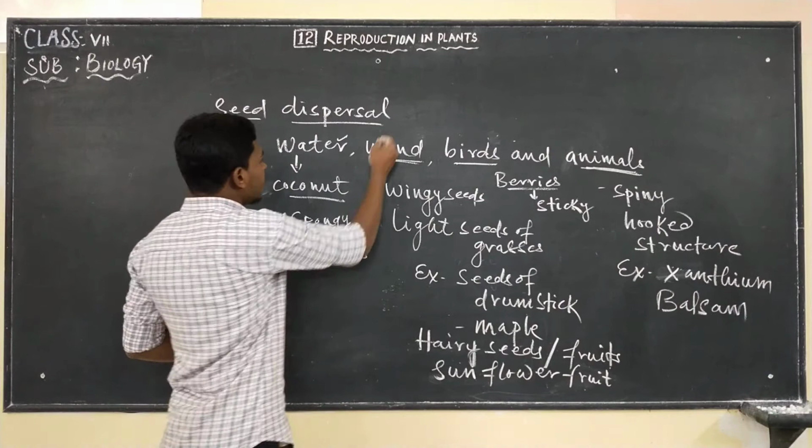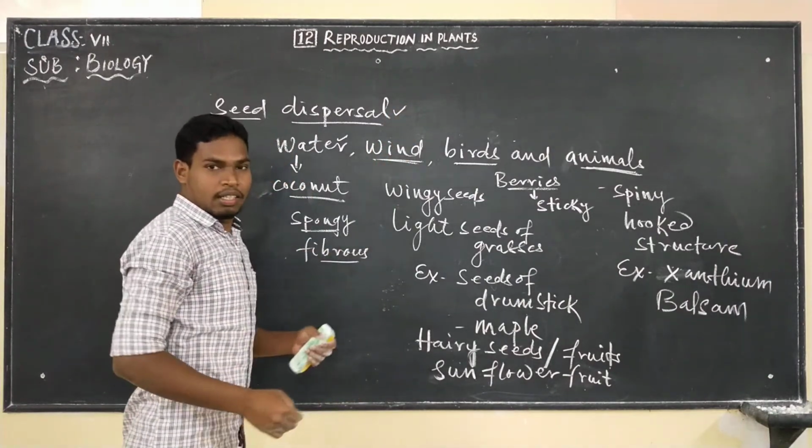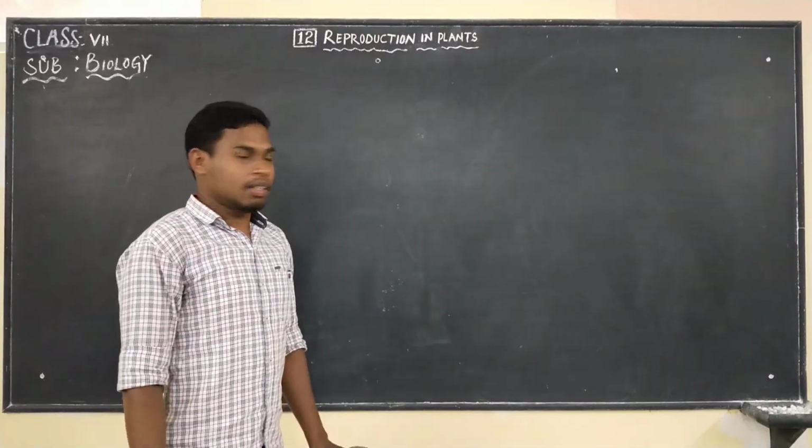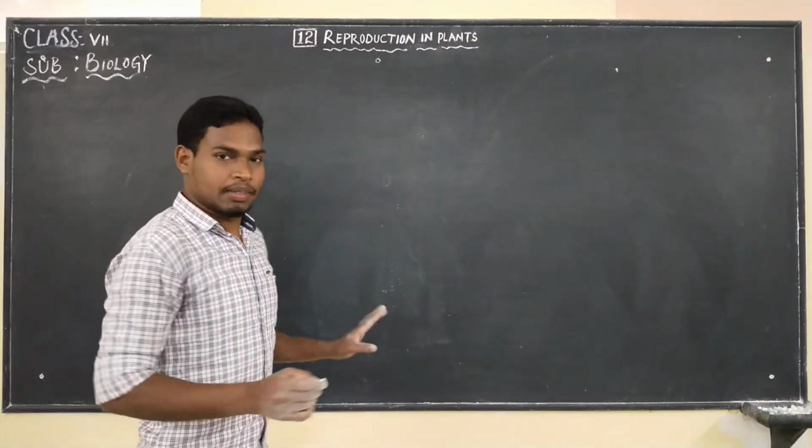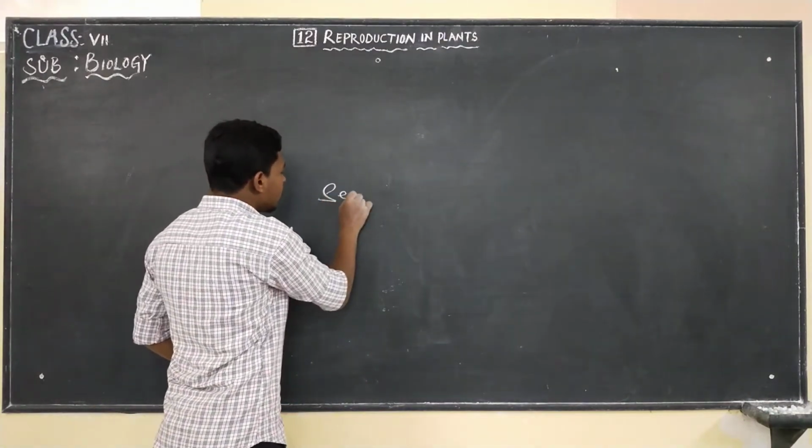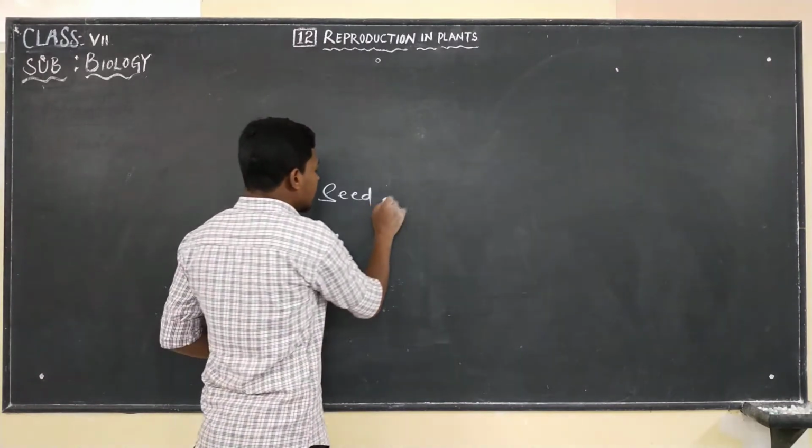By the help of what? Seed dispersal. Okay. So if we see a brain map of seed dispersal, it would be very simple to understand. Okay.